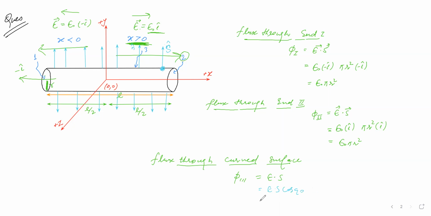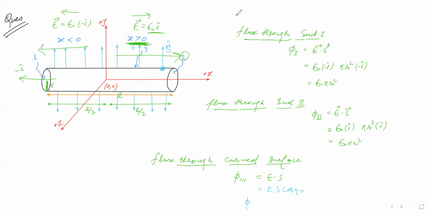So finally, without any calculation, phi 3 is equal to 0. Note it down, please. Note down all three values of flux.